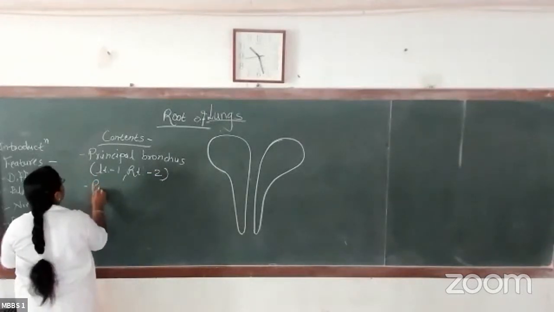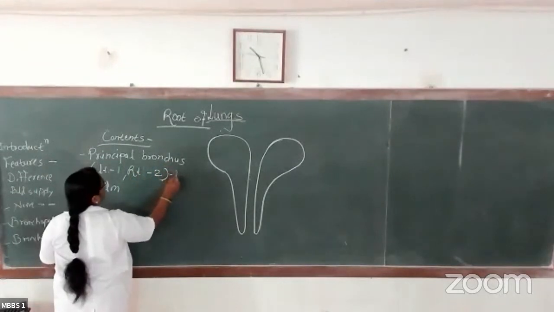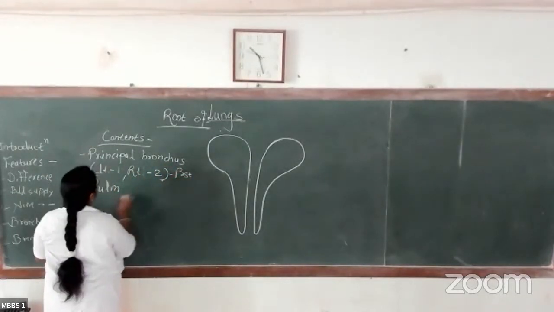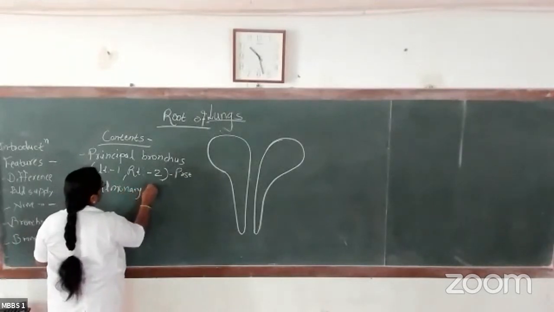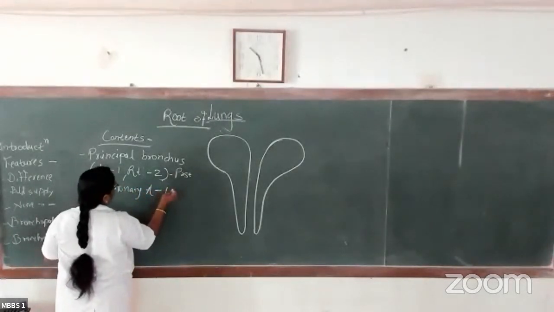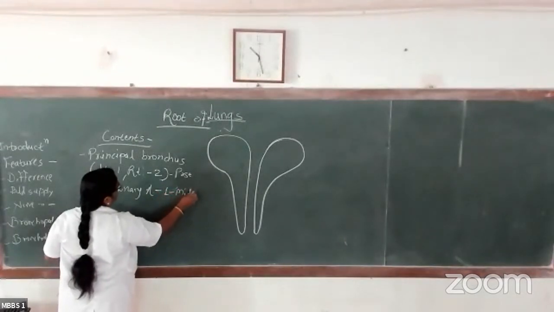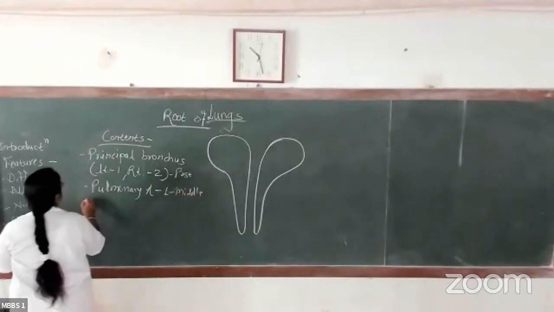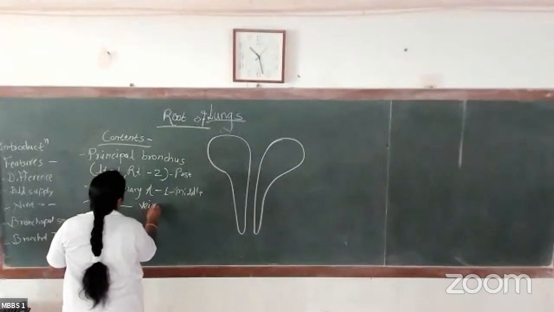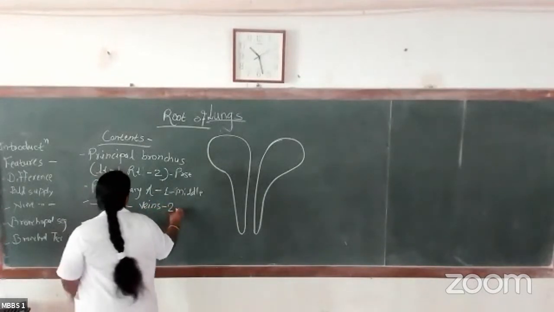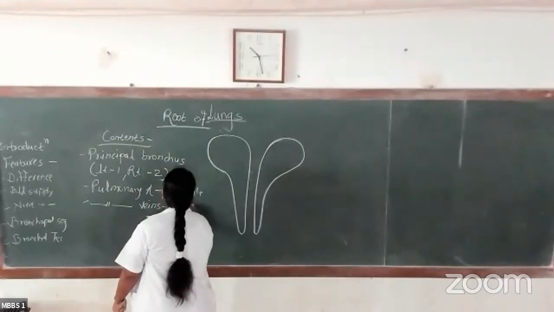The principal bronchus is present posteriorly. Pulmonary artery: one pulmonary artery on both the sides, which is present in the middle part. Then pulmonary veins. There are two pulmonary veins, superior and inferior.